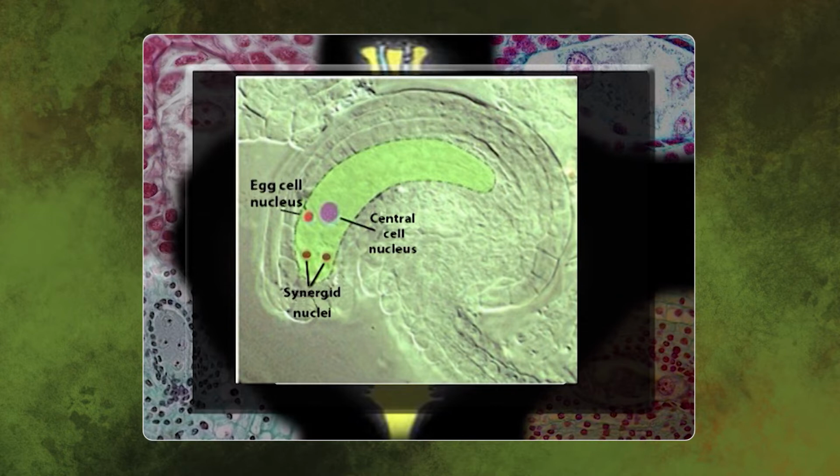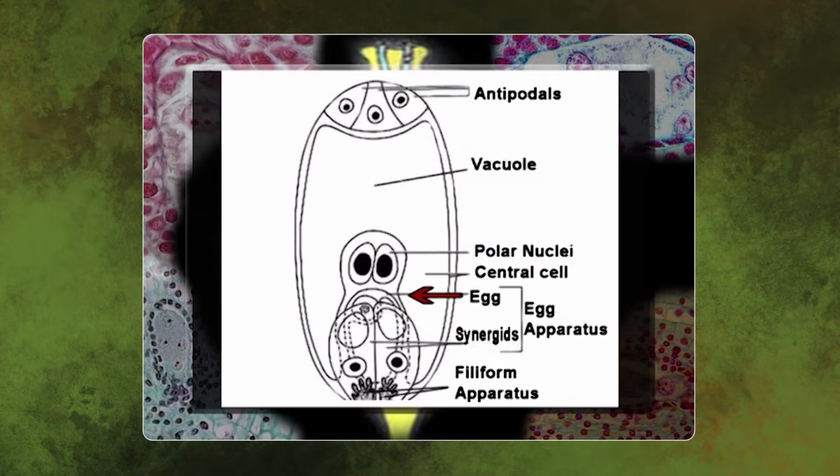The embryo sac in the polygonum type is formed by the chalazal megaspore of the tetrad and is 8 nucleate. The mature embryo sac comprises a 3-celled egg apparatus, 3 antipodals and a binucleate central cell.